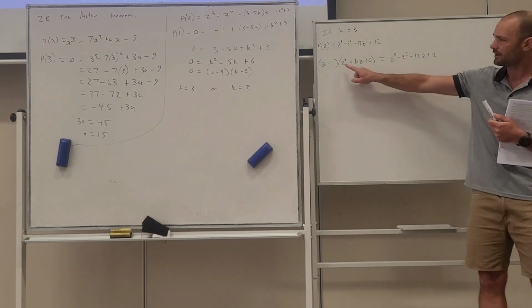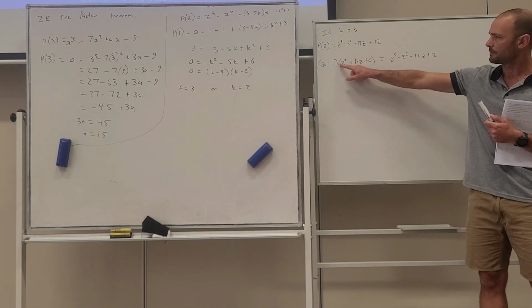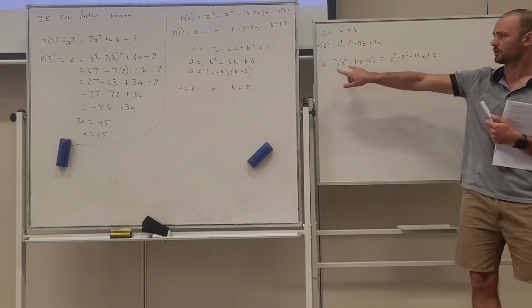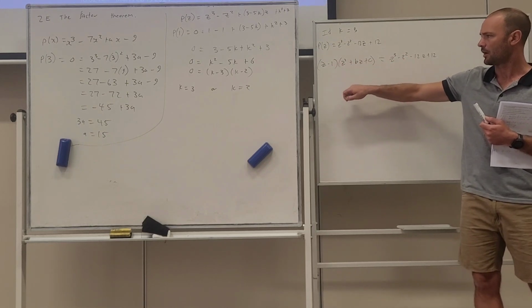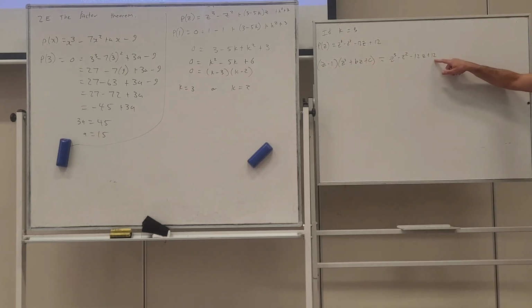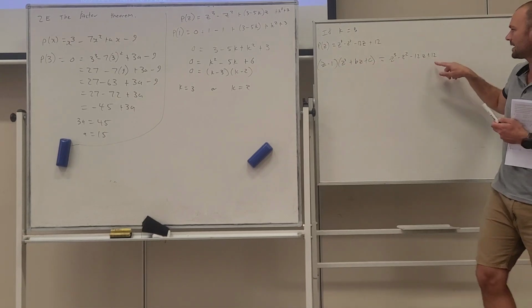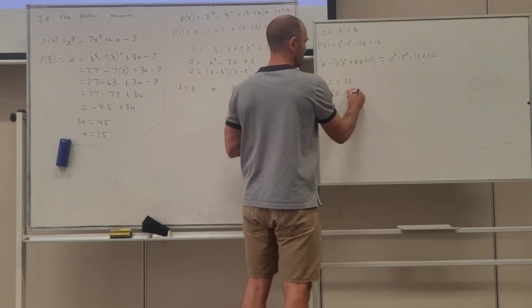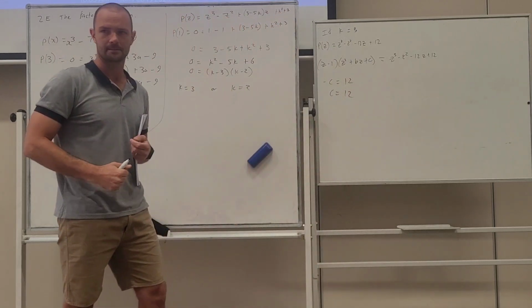So I know there's no number out the front there because I know the leading coefficient is 1. So I know that there's no a there. I also know that minus 1 times c has to equal positive 12. That's the constant term, right? Minus 1 times c has to equal 12. So straight away, I can look at that and see what my value of c is.